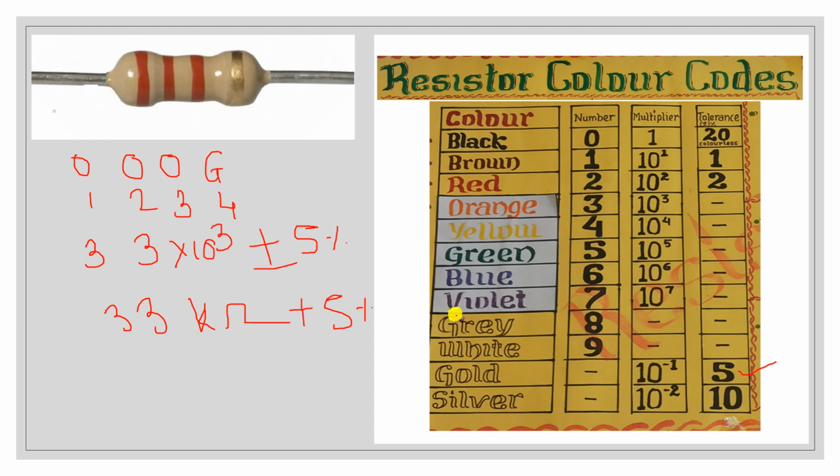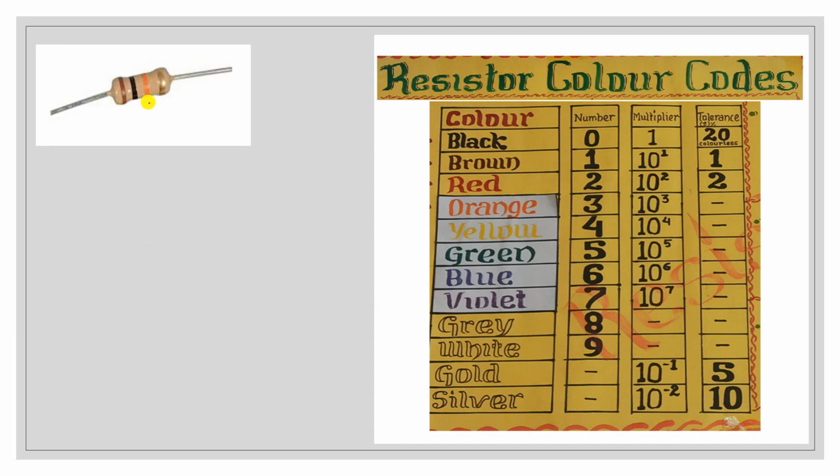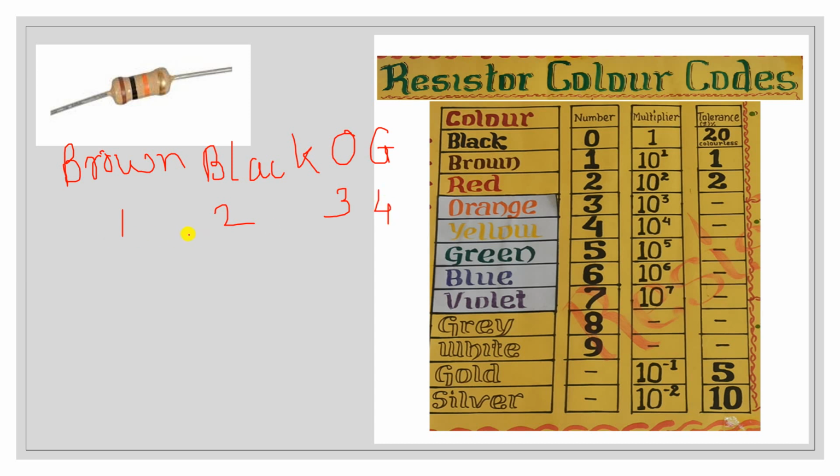Now another example, as shown in this diagram. The first one is brown, the second one is black, the third one is orange, and the fourth one is gold. According to our principle, the starting two colors are digits, the third one is the multiplier, and the fourth one is the tolerance. Brown is 1, black is 0.